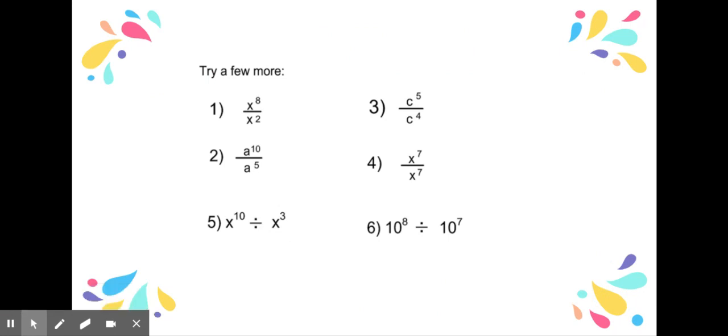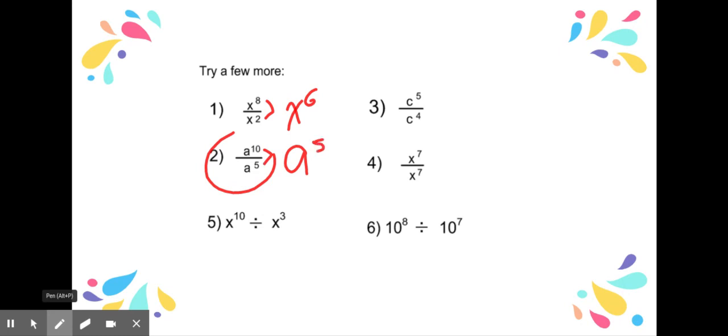So using that law, and again, they have to be the same variable to be the same base, we're going to keep the base of x and subtract our exponents and get 6. On number 2, go down here. A to the 10th divided by a to the 5th. We're going to keep our base, which is a, subtract the exponents. 10 minus 5 is 5.